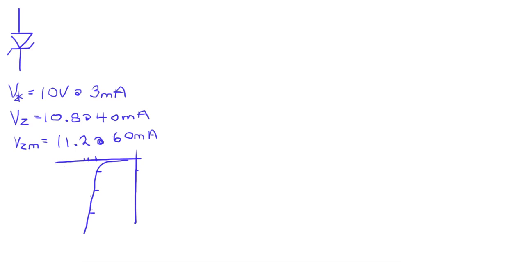If I wanted to know what the impedance for this was, say between the knee voltage and the rated voltage, what I'd be looking for is Ohm's law, the change in voltage over the change in current. Right? So if I'm looking for the change in voltage between the knee and the rated, I want to say, what's the voltage rated, and how much has it changed from the voltage at the knee?